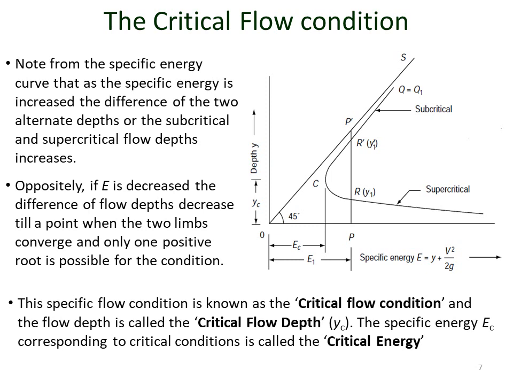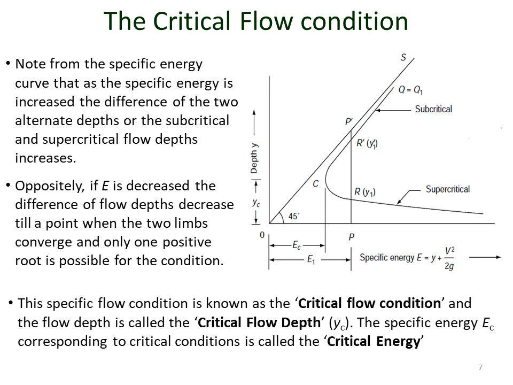Note that in the diagram on your right, if we increase the specific energy on the abscissa, the difference between the alternate depths increases. So as we shift the line PP prime to the right, the difference between the two alternate depths increases. Whereas if we move the ordinate PP prime to the left, the difference decreases.